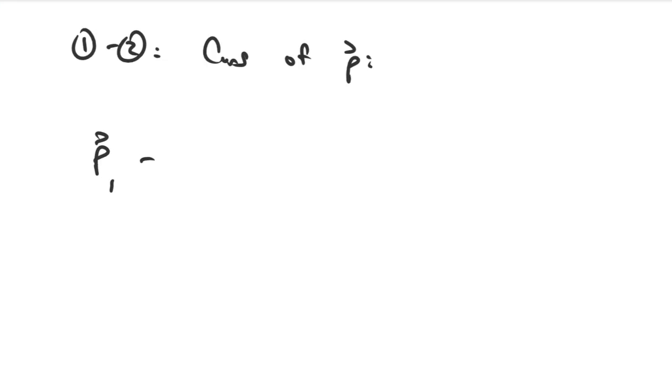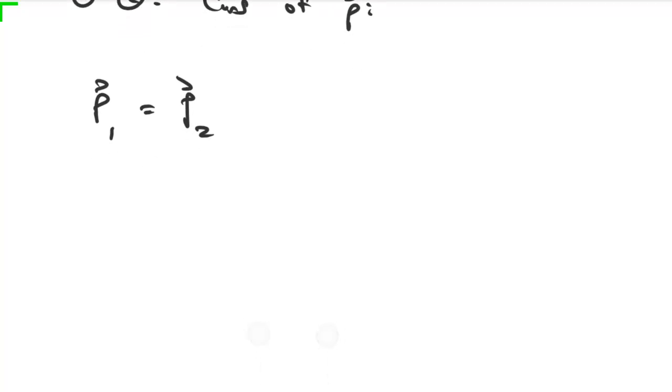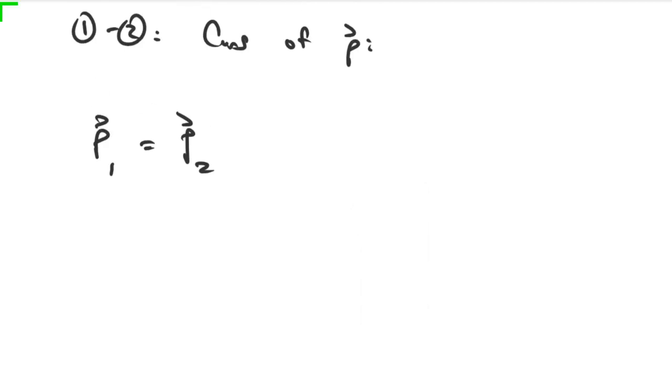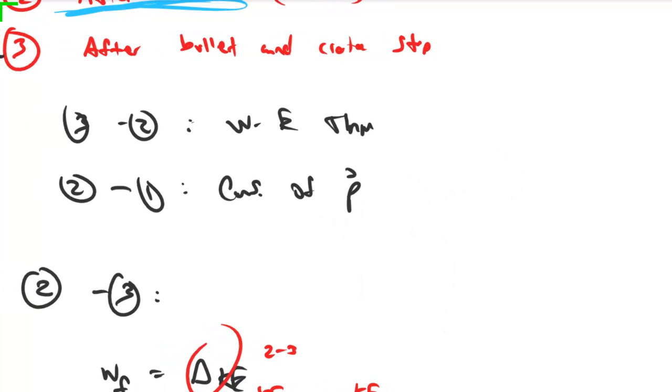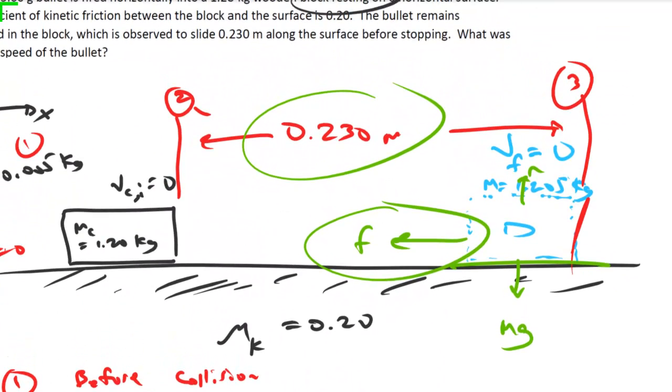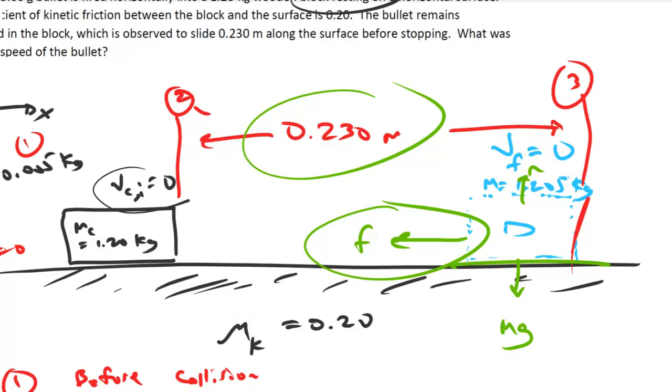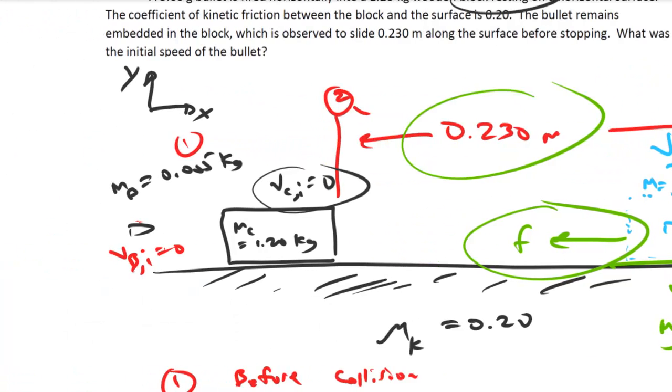The momentum of the system at 1 is equal to the momentum of the system at 2. So at point 1, because the crate was not moving initially, the initial velocity of the crate was equal to 0.